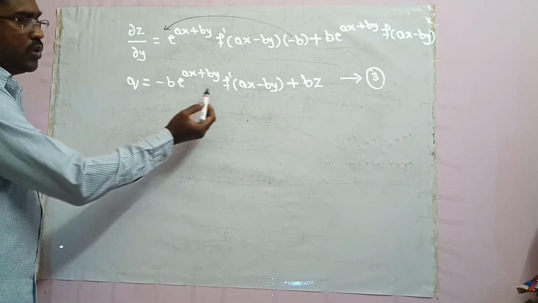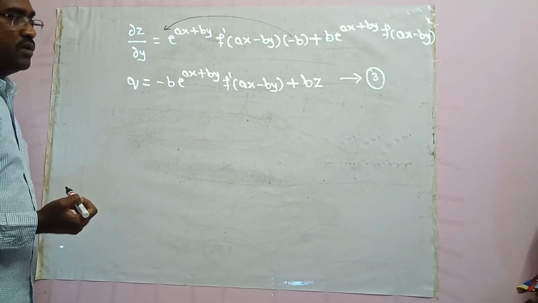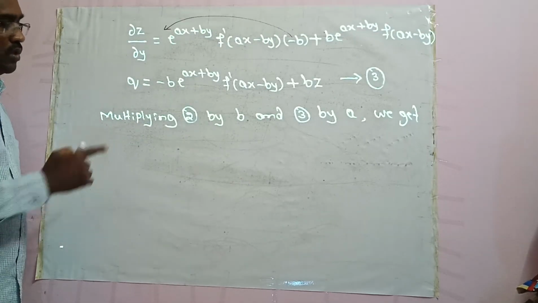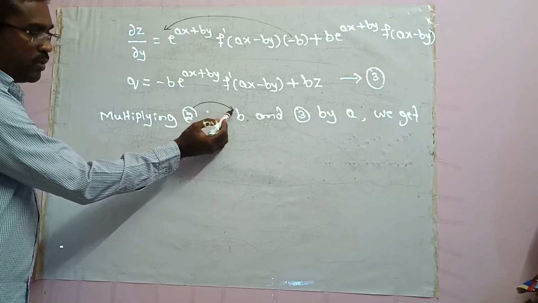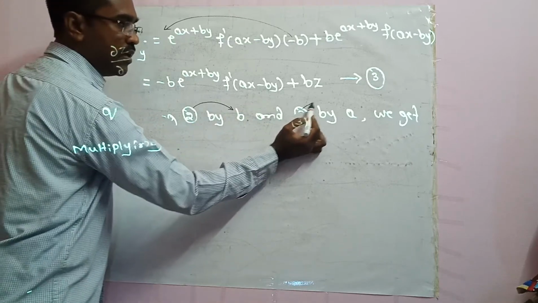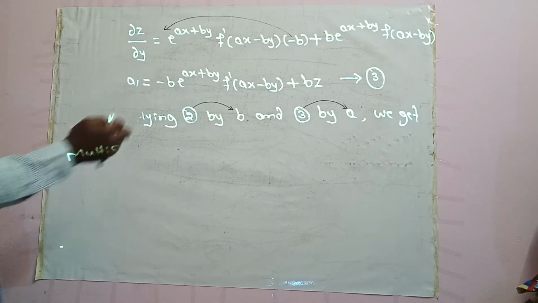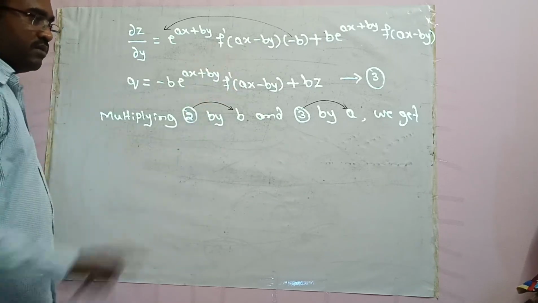In equation 2 also we have f dash, equation 3 also we have f dash. We need to carefully observe what operation we need to do. See, if you multiply equation 2 by b and equation 3 by a and add, this term f dash will get cancelled. Let us see how.